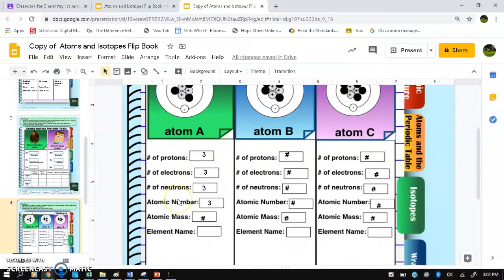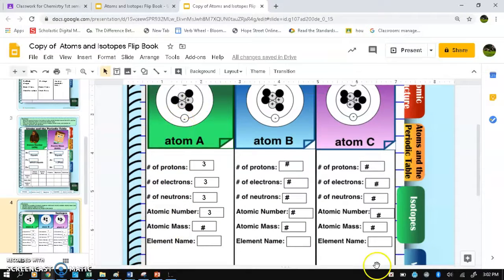Nope, it's in the background. I apologize. So atomic mass. All you do in atomic mass is you add the protons and the neutrons for that element. The only thing you need the periodic table for is the atomic number and the symbol or the elemental name.